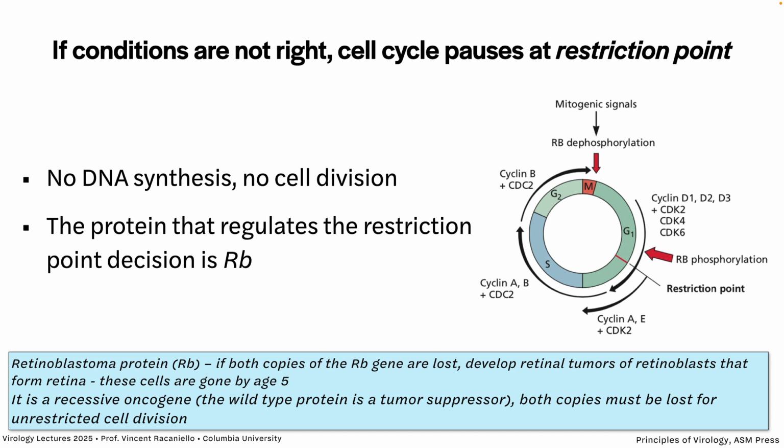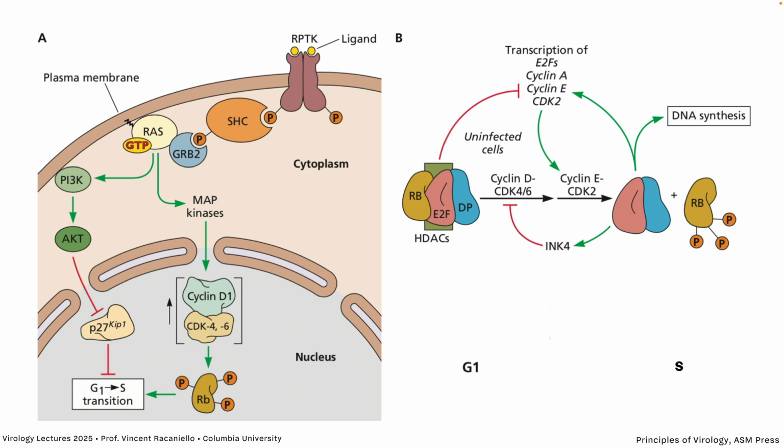So 2 important regulatory points so far we've talked about. So here, for example, is the situation. So on the left, here's a receptor, a growth factor receptor. And when growth factors bind, a signaling transduction pathway is initiated that results in the G1S transition, so the cells can divide.